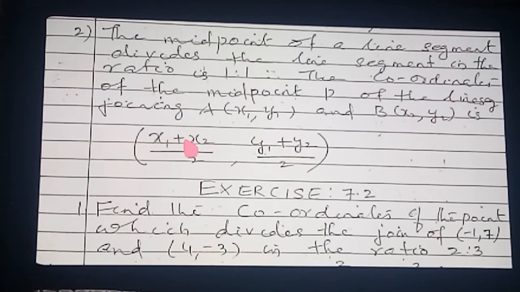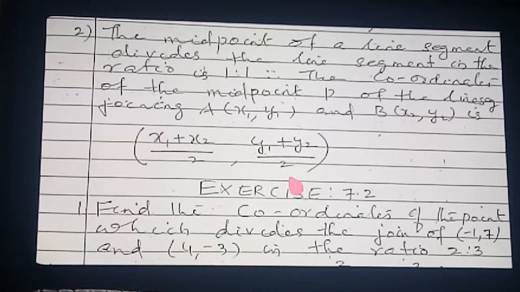That means the average of the x coordinates and the average of the y coordinates. Clear, students? This whole formula section is over. Very, very important formulas only explained and given. Okay. Now we will start with the exercise. Exercise 7.2. First question we can start. Now listen.